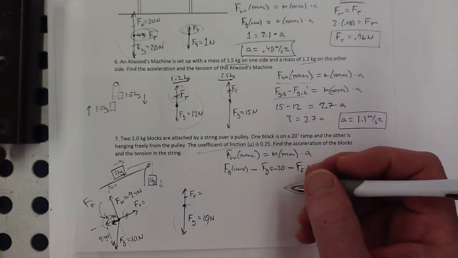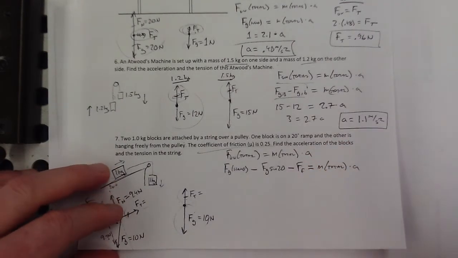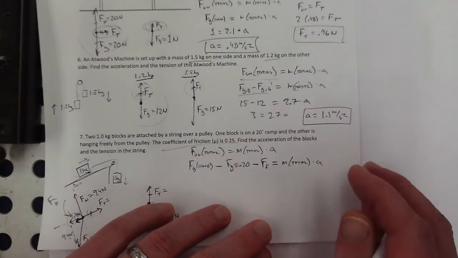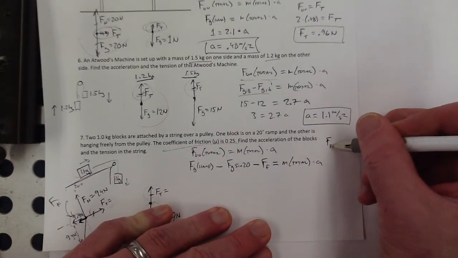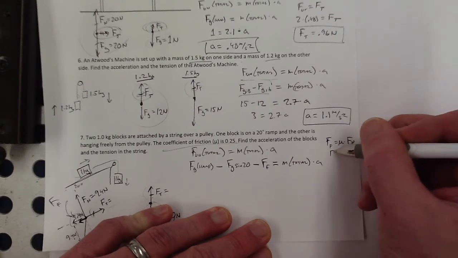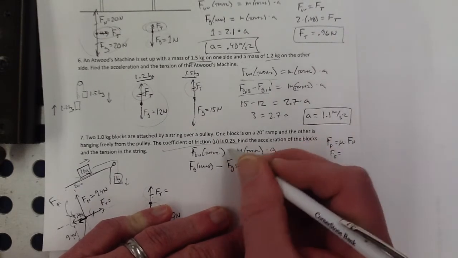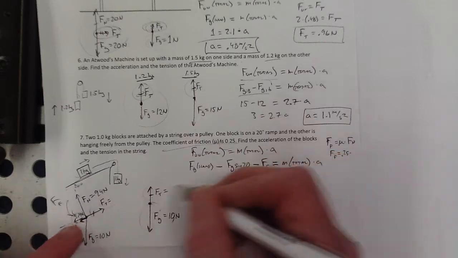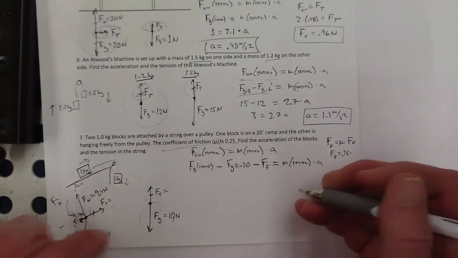So let's see. I'm going to write off to the side here. I think I have just enough room to do my force of friction is equal to mu times normal force. So the force of friction here is equal to mu times the normal force, which is 9.4.